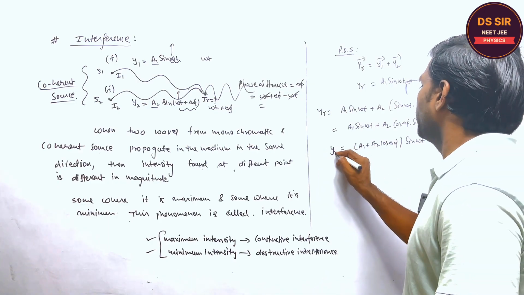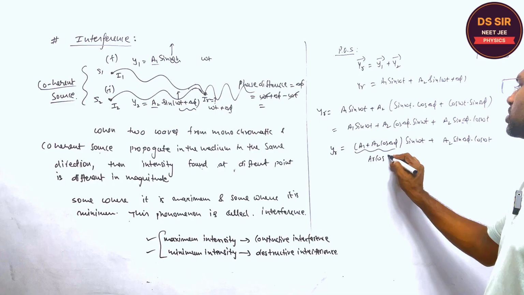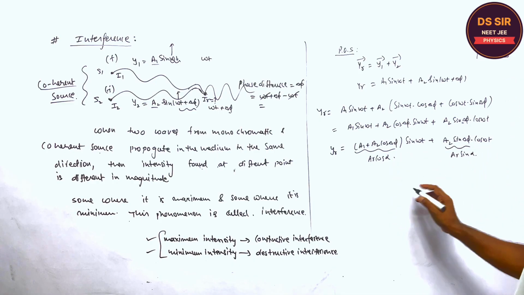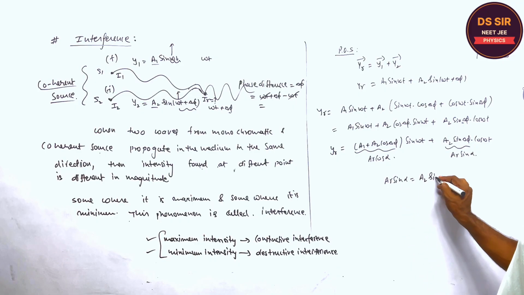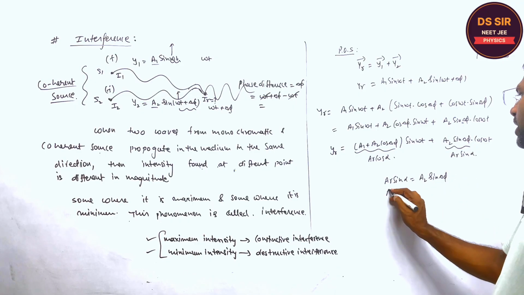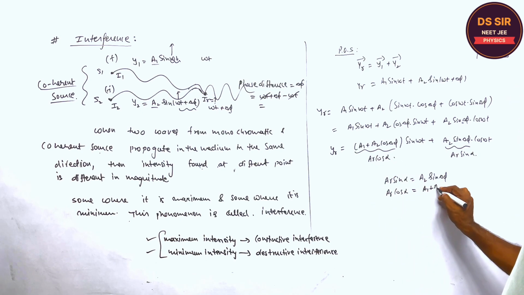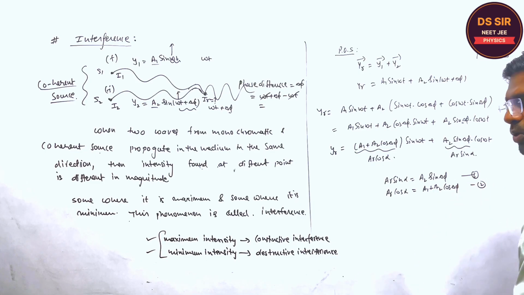This is the resultant wave. I will consider this as AR cos alpha, and this as AR sine alpha. So AR sine alpha is nothing but A2 sine delta phi, and AR cos alpha is nothing but A1 plus A2 cos delta phi. This is equation number 1, equation number 2.